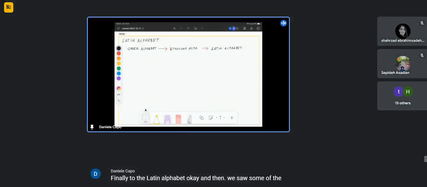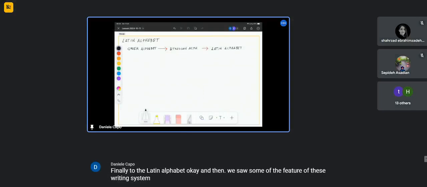We saw some of the features of this writing system.